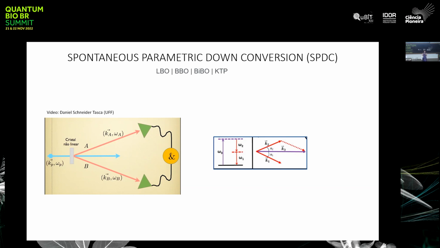Today we can tailor this pretty easily by, A, using different lasers, and B, different crystals, manufacturing the crystals exactly the way we want, if we want different spectral, temporal, and spatial properties.